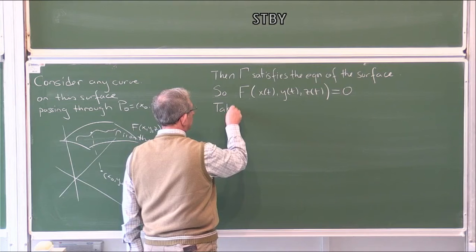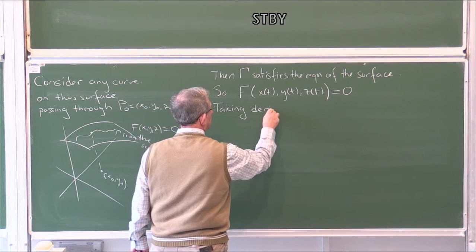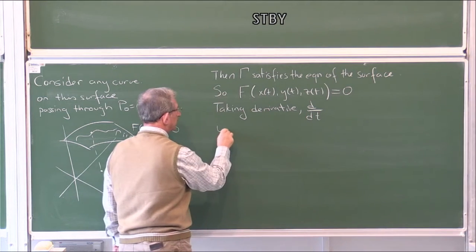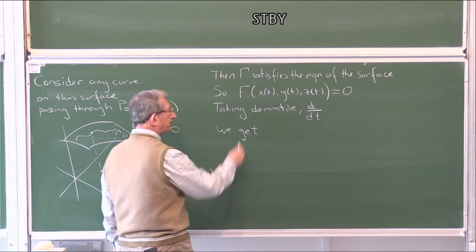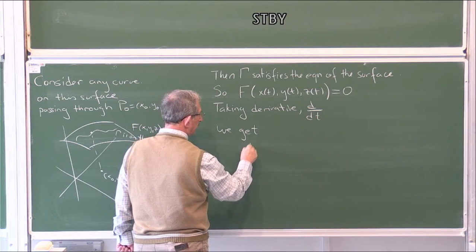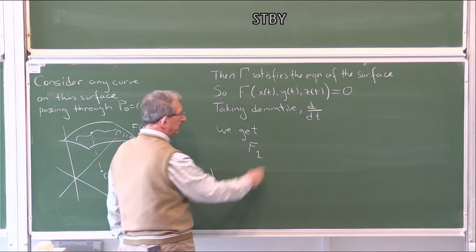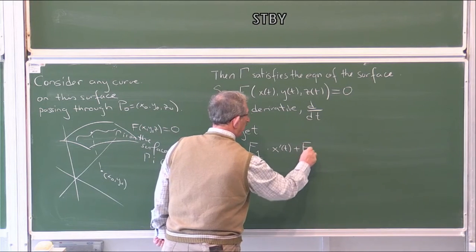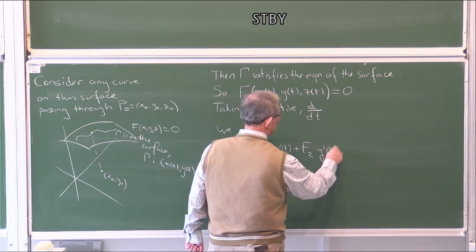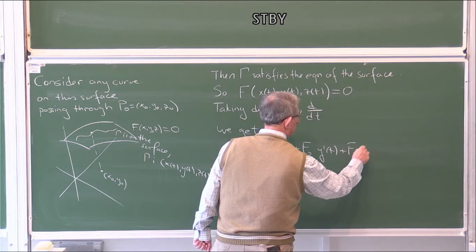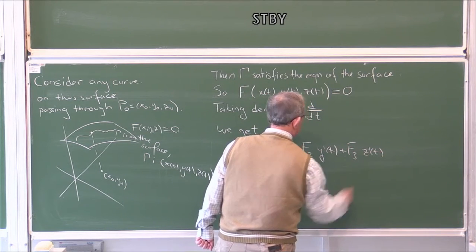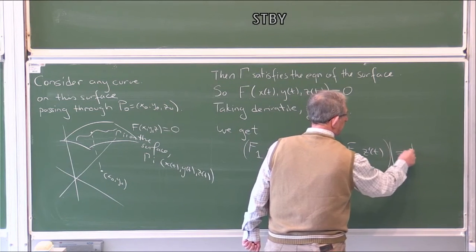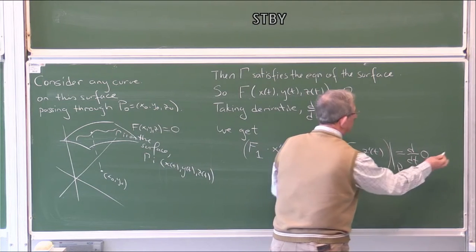Taking the derivative d by dt, we get the derivative of F with respect to the first variable times x prime t, plus f2 y prime t, plus f3 z prime t, all evaluated at t0, and this is the derivative of 0, so it is 0.